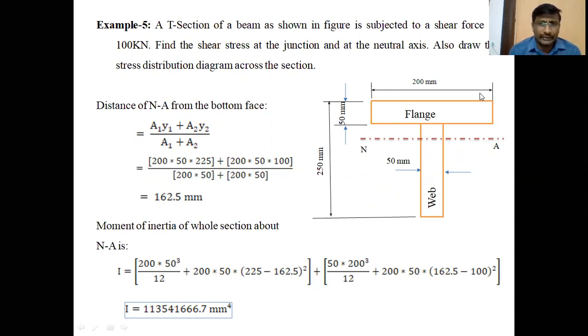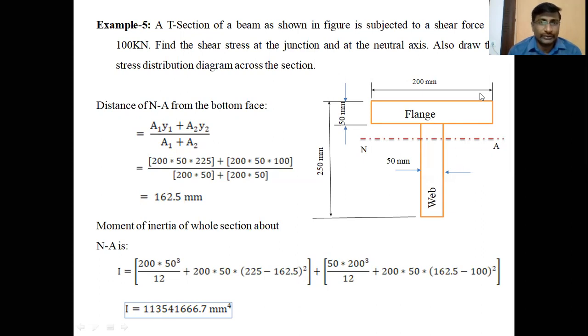Let us solve this problem in this class. Example 5. First of all, let me read the problem. A T section of a beam shown in the figure is subjected to a shear force of 100 kilonewtons. The F value is given in the problem itself, 100 kilonewtons. Find the shear stress at the junction and at the neutral axis.